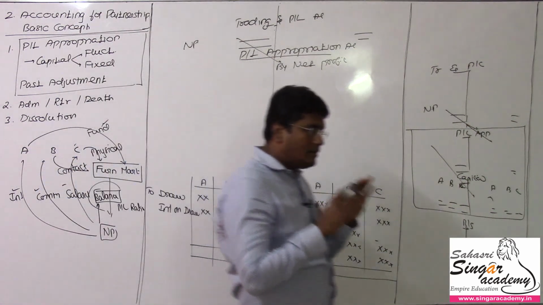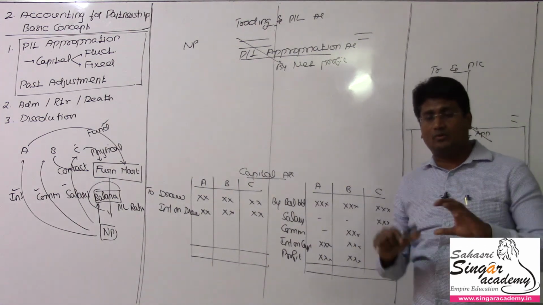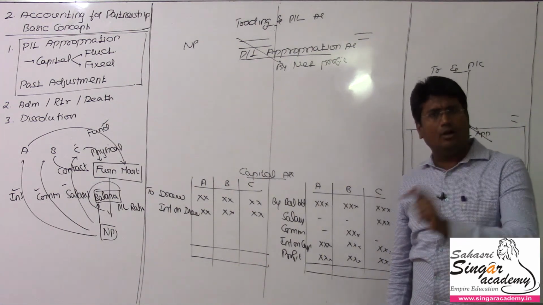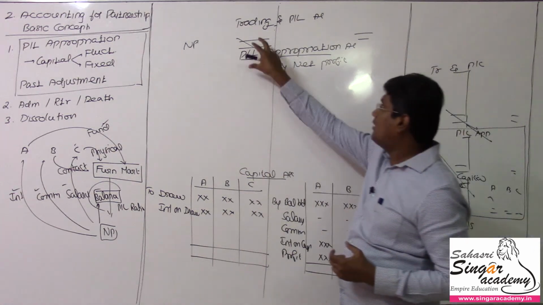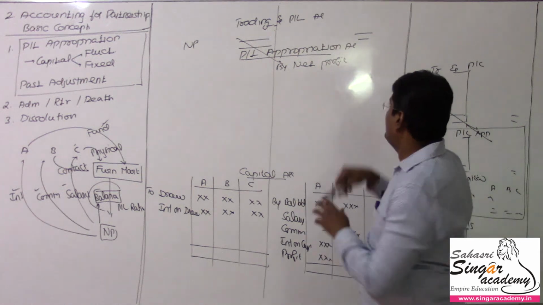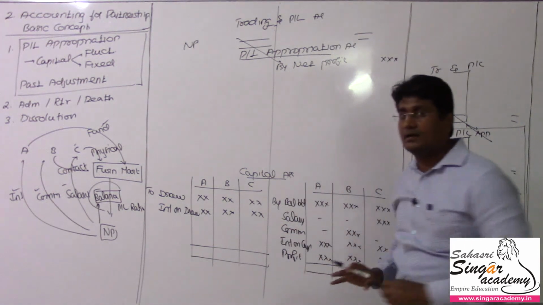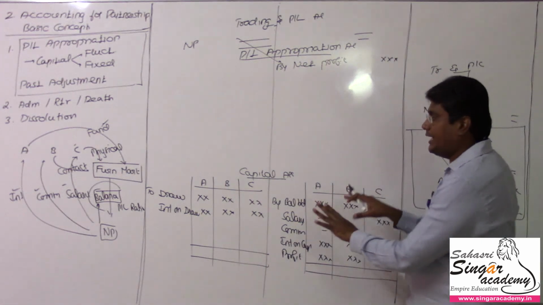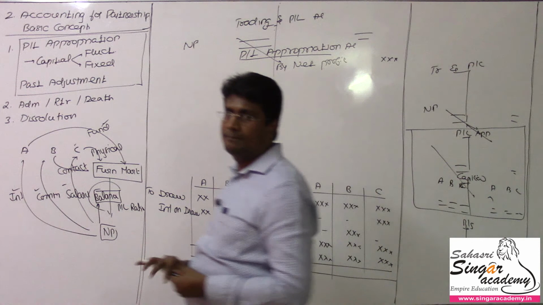This will be the ultimate adjustments we have to carry out before closing the books of accounts. If there is only one owner, no problem. If multiple owners are there, whatever net profit we get will be given to these three partners as per their own expectation, agreed in their partnership deed itself. I hope you could understand.